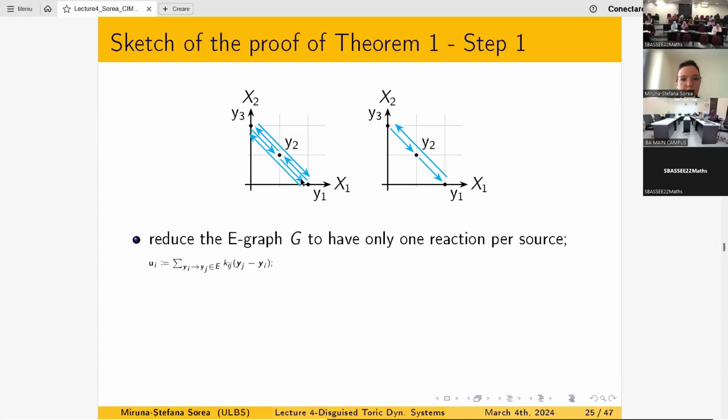For each source, we have 3 sources, we sum up all the vectors that start on that source, with our usual expression of the quantities: k_ij times the target minus source. This is algebraically. Geometrically, here is the graph with the new expressions: one reaction per source.